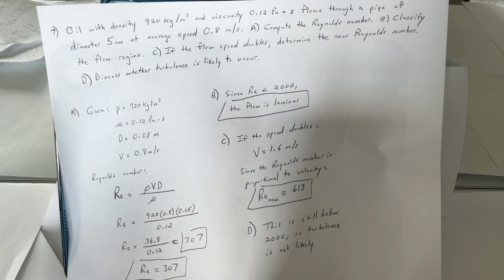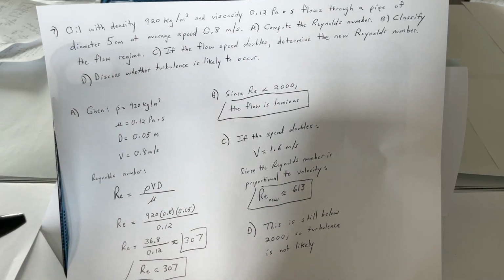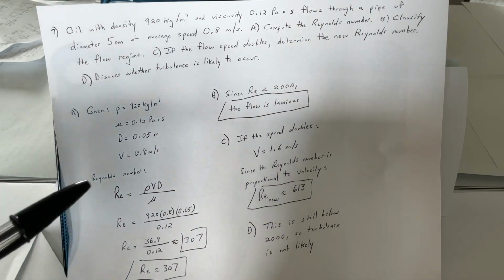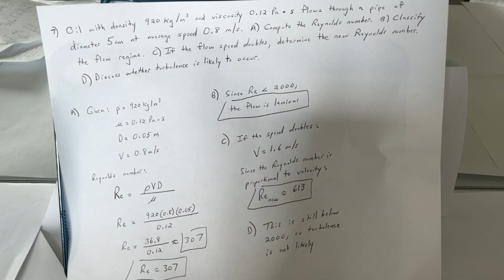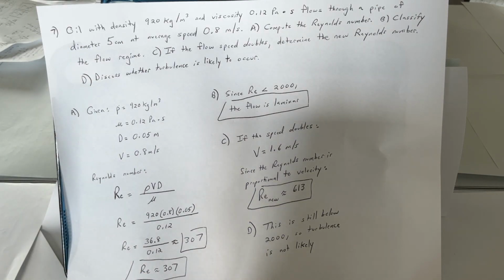And for part C, if the flow speed doubles, determine the new Reynolds number. If the speed doubles, V equals 1.6 meters per second. Since the Reynolds number is proportional to the velocity, and that's important to know, our new Reynolds number is approximately 613.